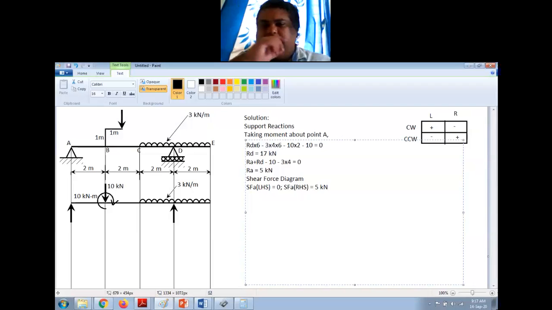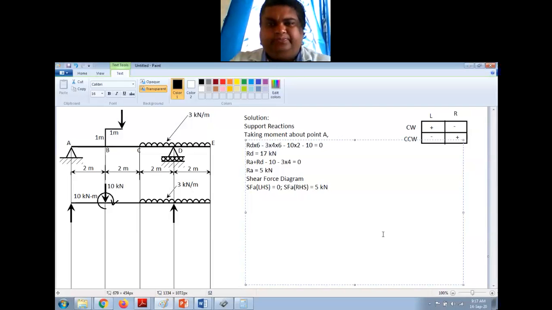Positive force, so it is in the upward direction. Now between A and B there is no force, so it will remain constant. So SFB on LHS will be equal to 5 kilonewton.